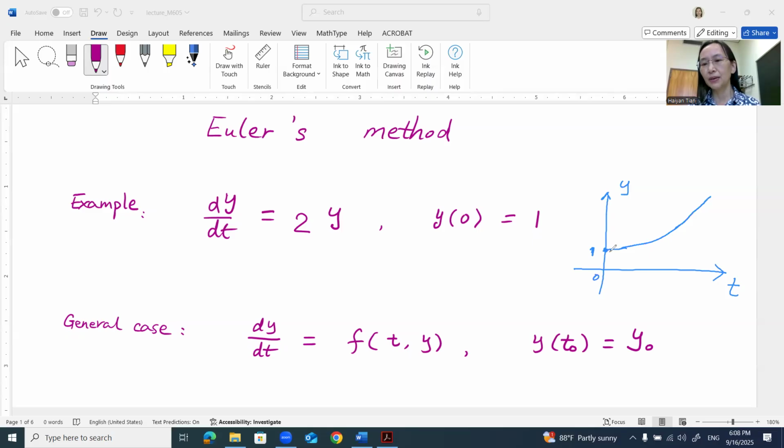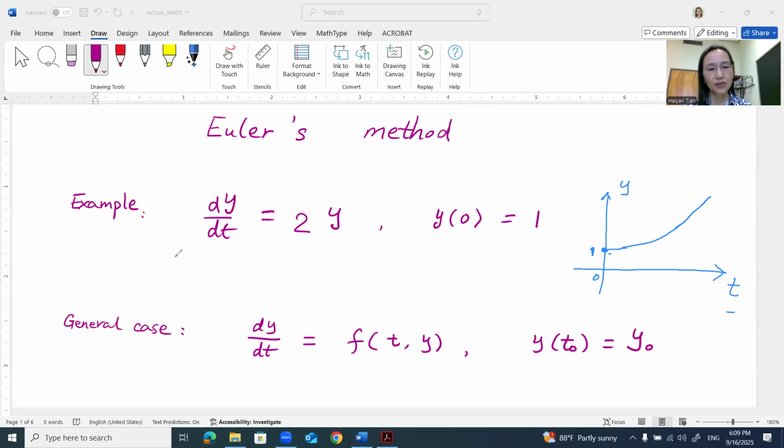It can be defined for all real values of t. So this is a solution curve we're looking for. We only know one point of the curve, but how can we find an approximation to the curve? So that's the question.